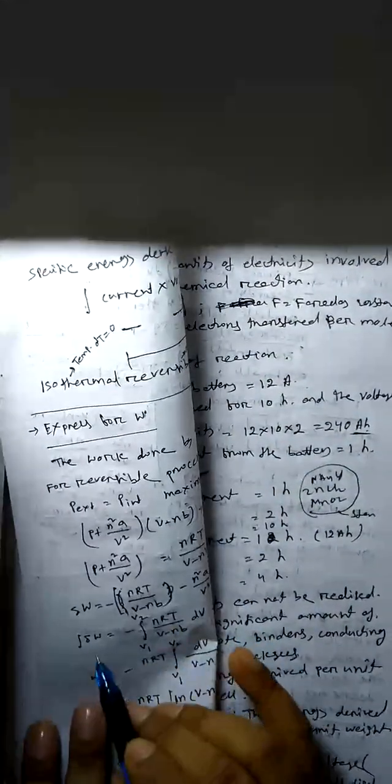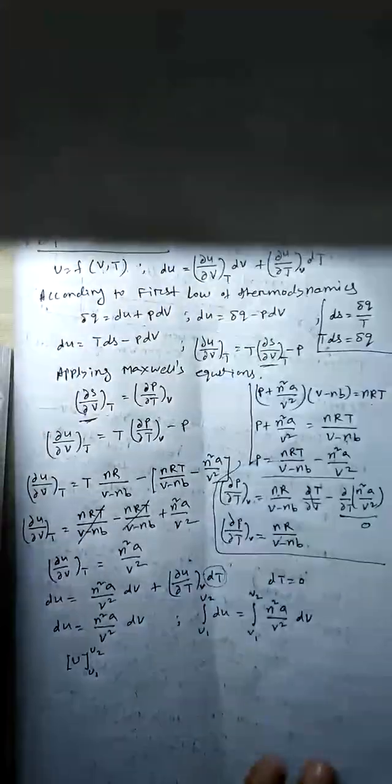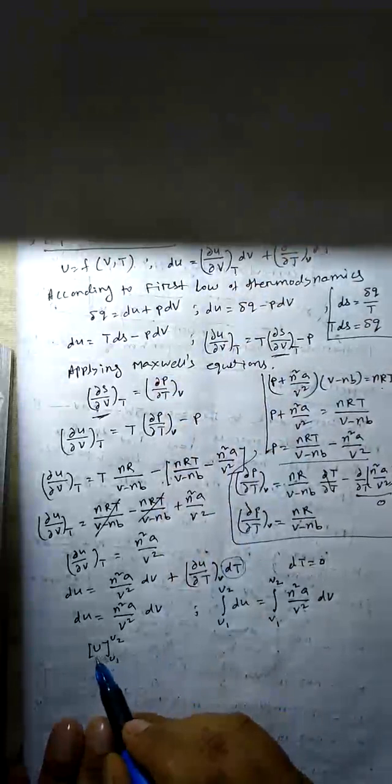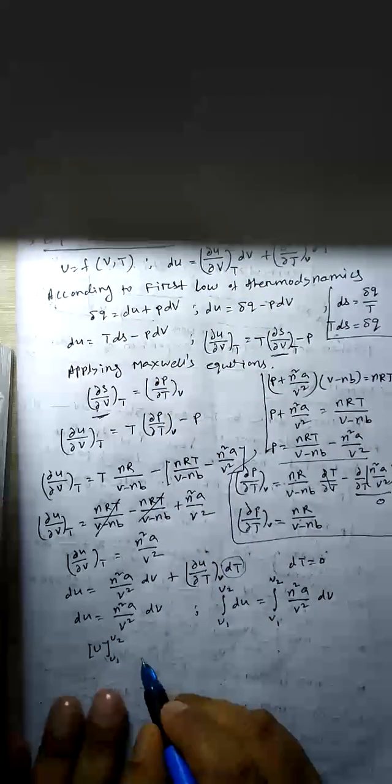If you take W1 to W2, there is a change in work. That is why I do not put W1 to W2 here, but I put U1 to U2, because the absolute value of internal energy cannot be evaluated. That I already taught you in the internal energy characteristic.